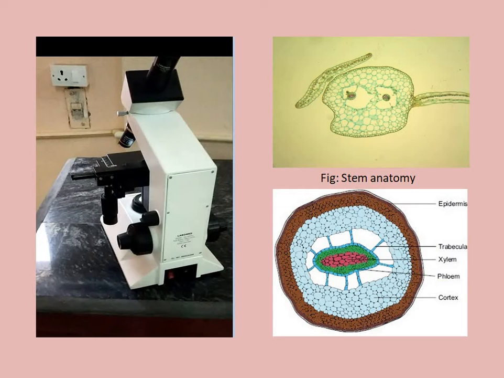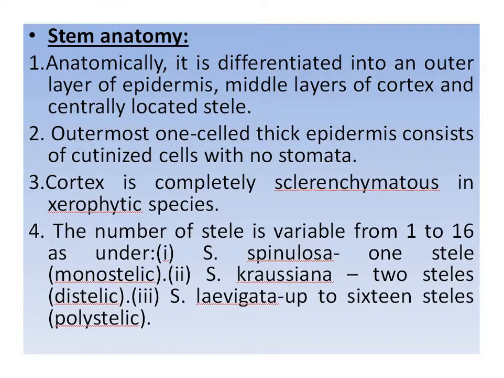The centrally located stele is connected with the cortex with the help of many long, radially elongated cells called trabeculae. In between these there are many air cavities or big intercellular spaces.